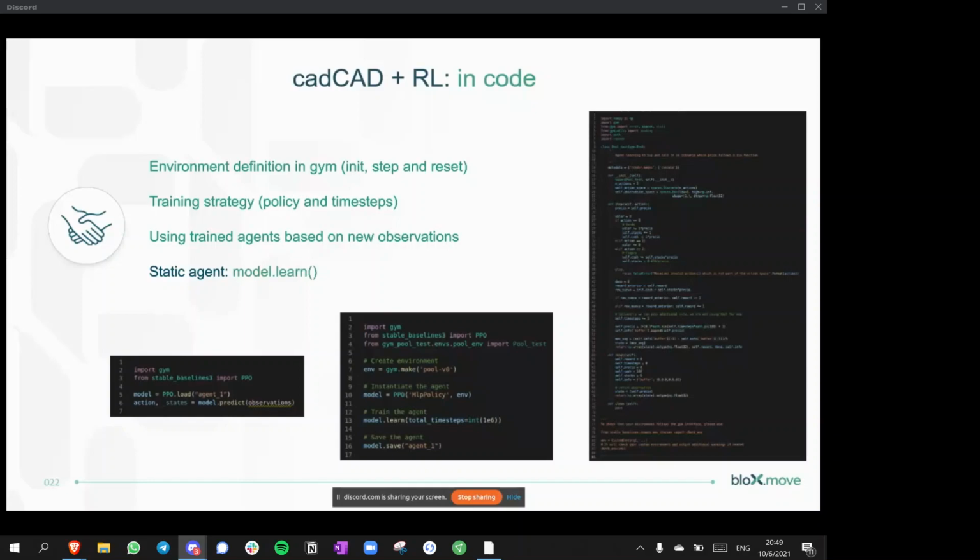I'm talking about line number 10, where we say model equal to PPO ML policy, environment. This PPO function here is a whole library. I've been working with it now for 2 years, and I do not fully understand all of the code here. It's really huge software behind here.